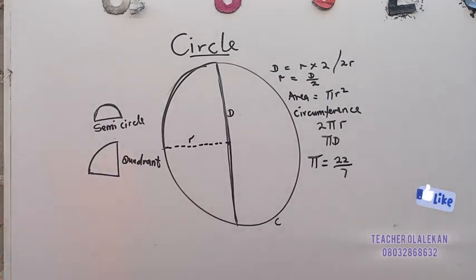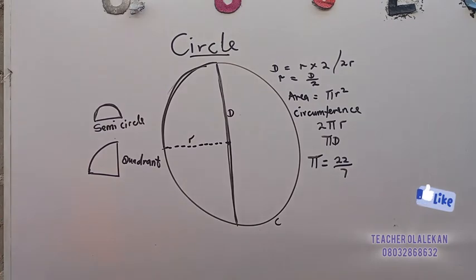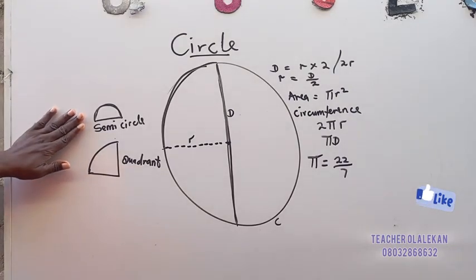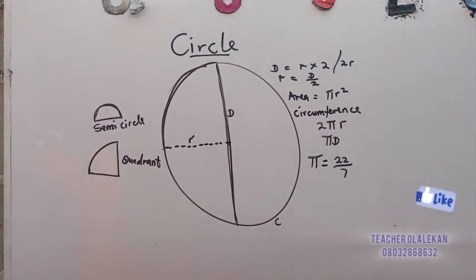Now let's come to our semicircle. The logic for finding the area or perimeter of a semicircle, which is the circumference of a semicircle, is dividing your formula by 2.